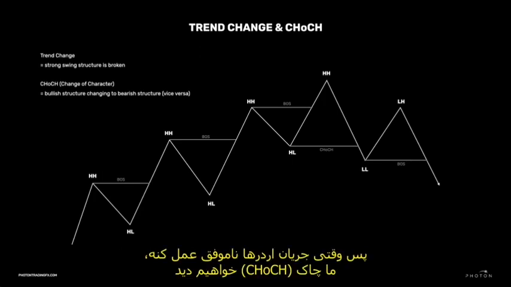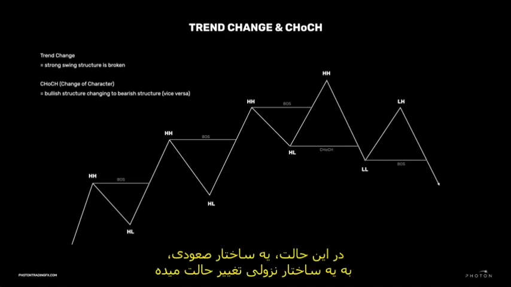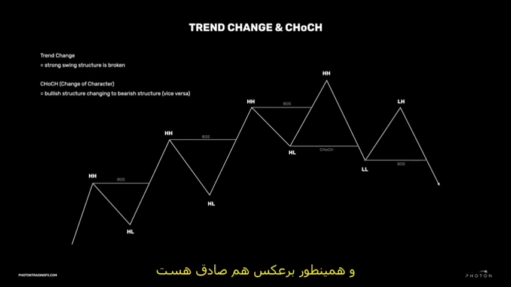So a change of character is when we see a failure of expectational order flow, because bullish structure starts changing to forming bearish structure. And vice versa.